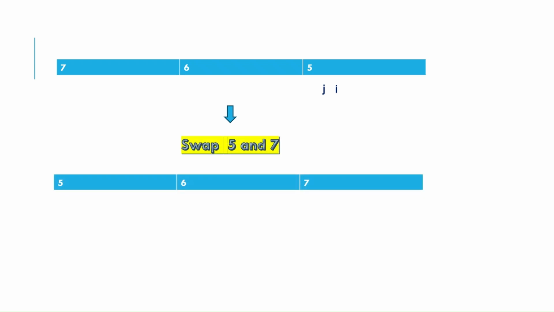Because whatever is now at that position is the least element, and that's the reason I am swapping with the pivot, because the pivot is acting as the lowest index here. That's the reason 5 comes here and 7 comes here. This way we get the sorted order, that is 5, 6, 7.